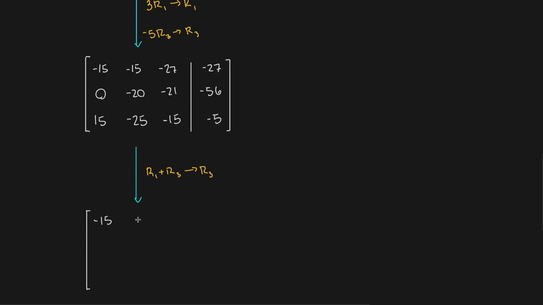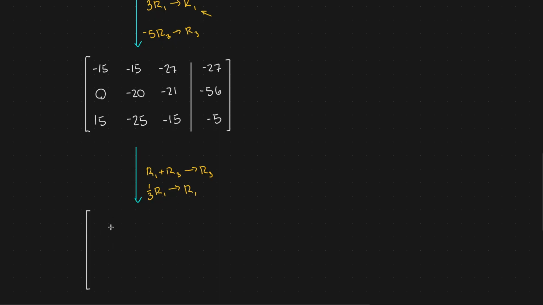So I'm leaving row 1 the same. Actually, you know what? While we're here, let's divide row 1 by 3 again. That way we will undo what we did here. We only did this so we could cancel with this guy.